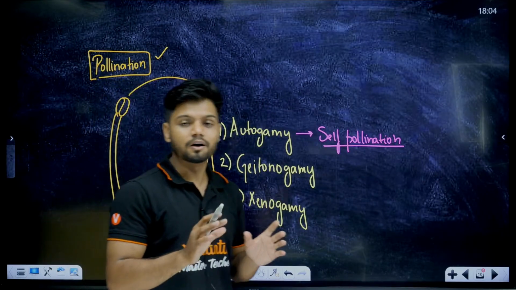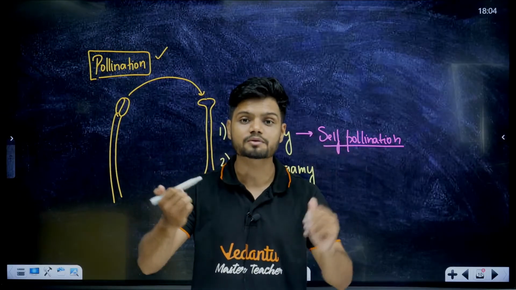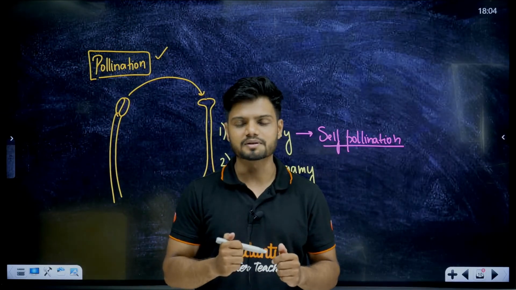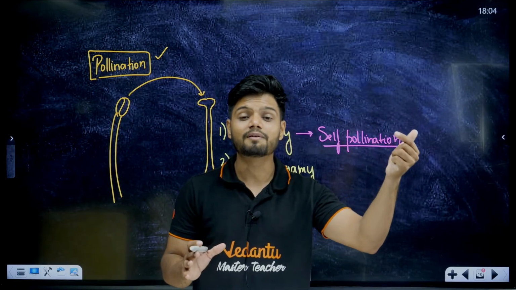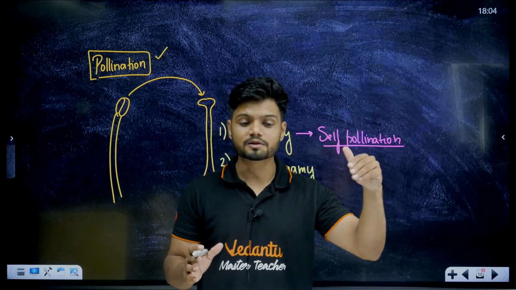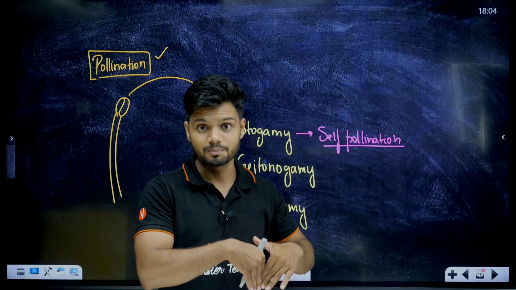Same flower. Now, it is again divided into chasmogamous flowers and cleistogamous flowers. Chasmogamous flowers are basically normal flowers, and cleistogamous flowers are flowers which do not open, typically underground sometimes.